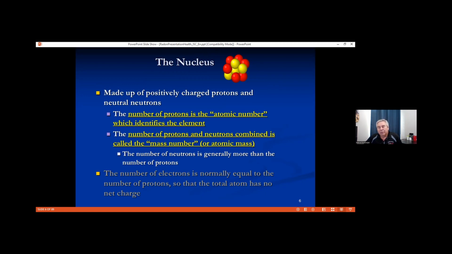The number of electrons, like I mentioned previously, is normally equal to the number of protons, so that the total atom has no net charge. The protons have a positive charge and the electrons have a negative charge, but if they're the same number, then overall they balance out and the atom has no net charge.